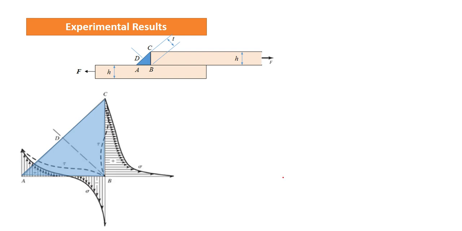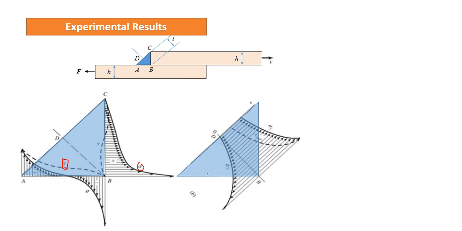But the experimental results, we have just plotted this A, B, C fillet here, and the experimental result shows that the variation of normal stress, this is the variation of normal stress and this is the variation of shear stress, is quite complicated, and here is the variation of principal stress on the basis of sigma and theta.